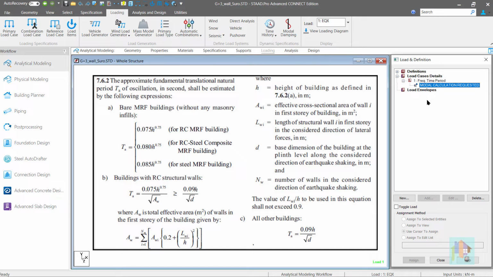This is a simple and conservative approach to calculate an approximate time period, most of the time lesser than the actual time period of the structure. So higher seismic force is considered for analysis. Smaller time period means higher seismic force, right?